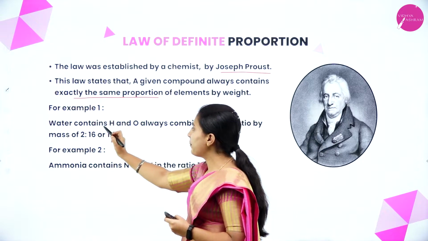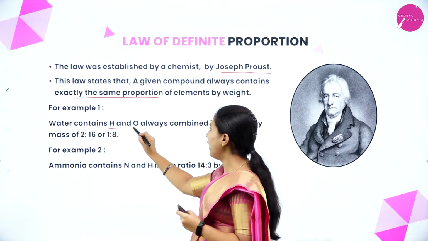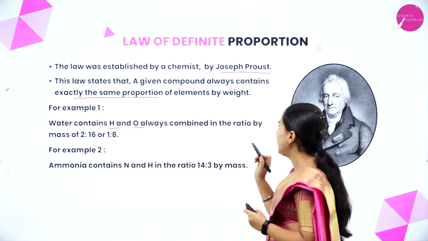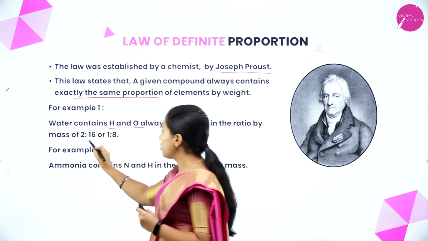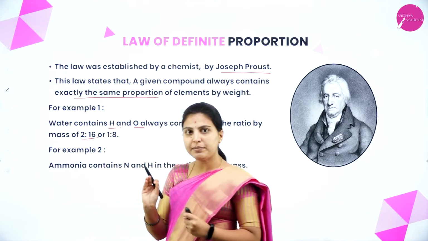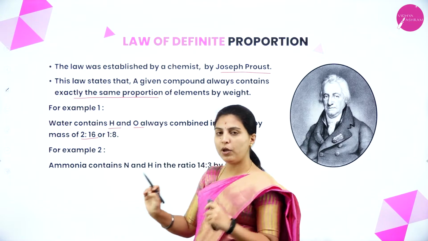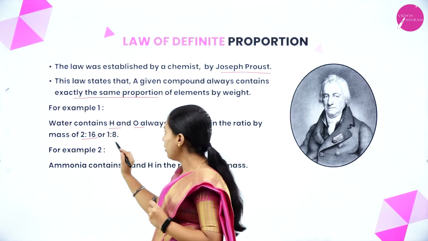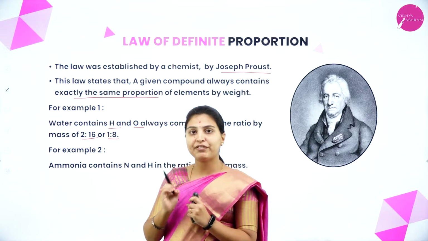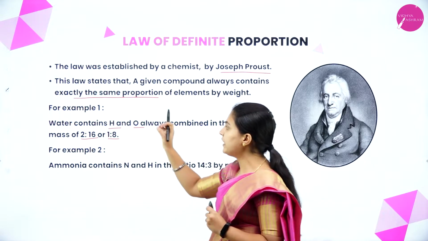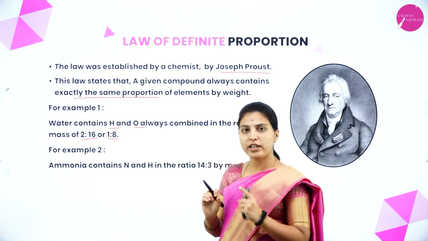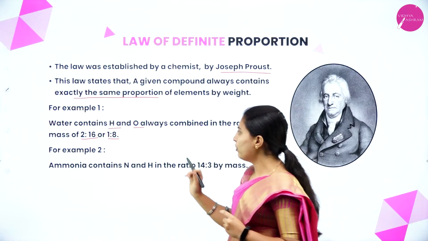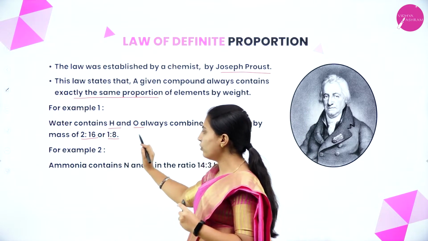So we'll see an example. Water contains hydrogen and oxygen always combined in the ratio by weight of 2:16. Water means hydrogen and oxygen will always have the proportion of 2:16 or 1:8. This is the definite proportion of the given compound. One water molecule will be equivalent to 2:16 or 1:8.